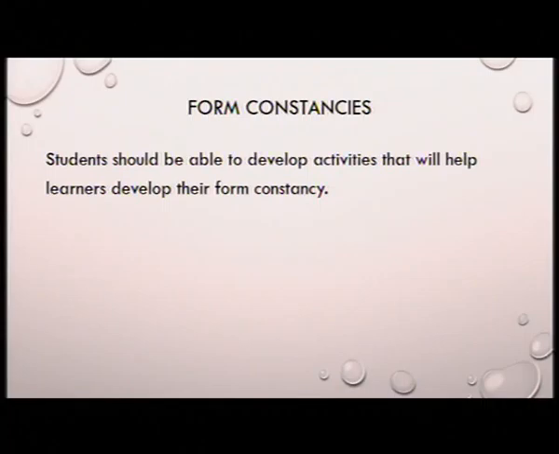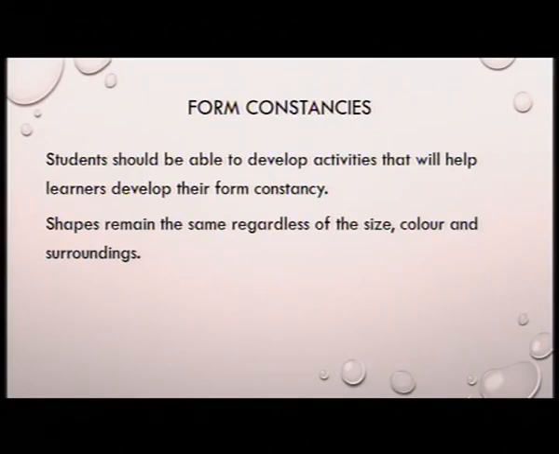Now, form constancy. Students should be able to develop activities that will help learners develop their form constancy. As a teacher, you should have activities that will help your learners to master form constancy. Shapes remain the same regardless of the size, the color, and the surrounding.